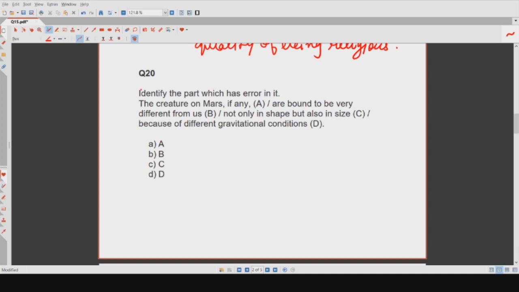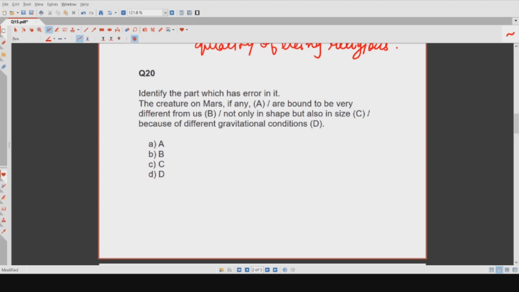It is an error correction question, so we have to find if there is any error in the given sentences. So let's check. The creature on Mars, if any, are bound to be very different from us, not only in shape but also in size, because of different gravitational conditions.